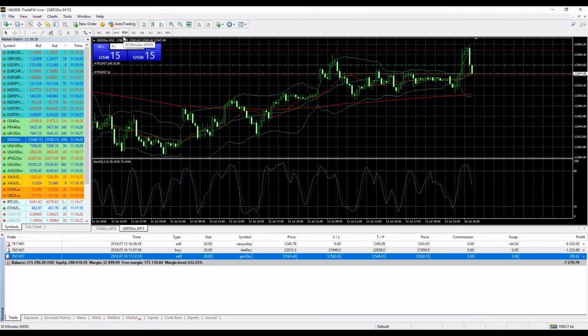Guys, our DAX position is very close to hitting take profit. We are making right now $350. At 390, our take profit will be hit. Let's see, guys. As I said, from this trade, we don't expect a lot.